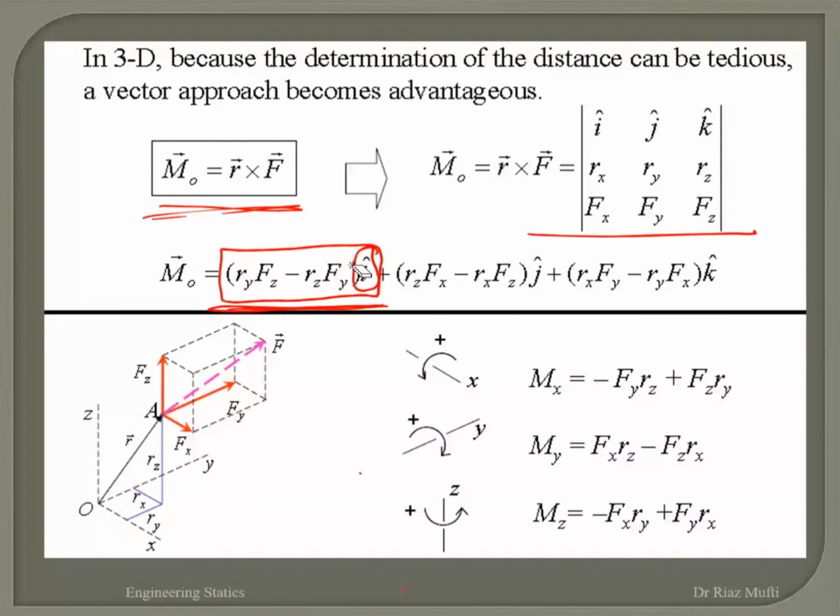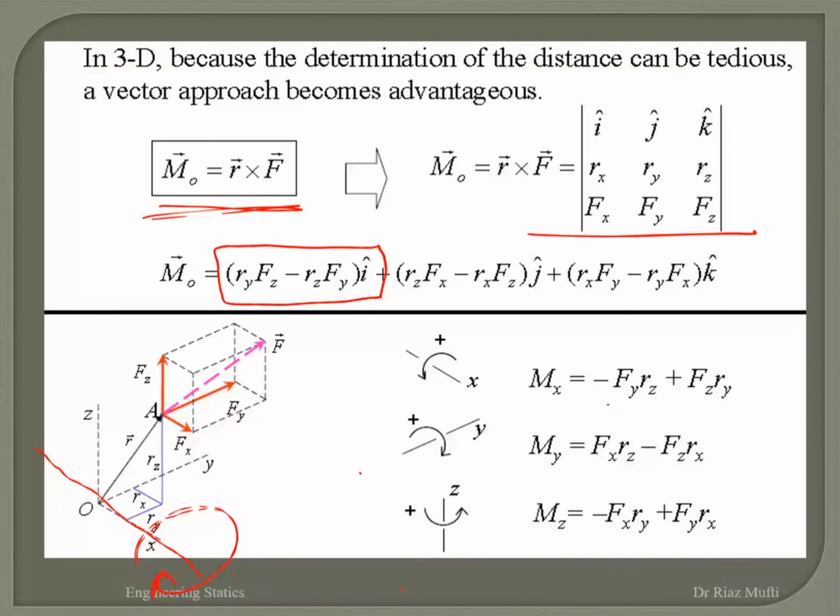I am explaining to you the physical meaning of it. It means all the moment that is trying to rotate in this way, where the center of rotation is my x-axis.